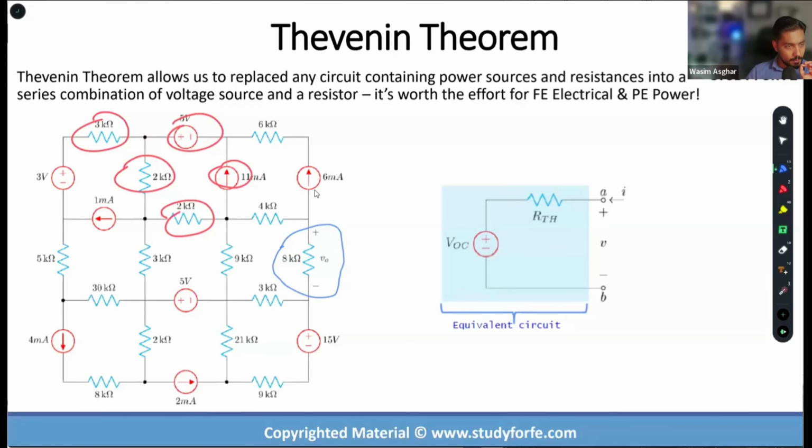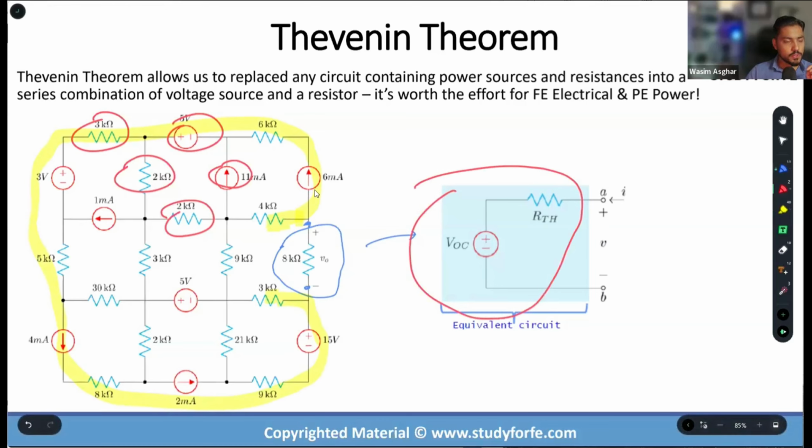But compare this circuit on the left hand side to the one on the right hand side. If I tell you that these two terminals that you see over here have the circuit connected to the left, then everything that you see over here is actually captured by this.